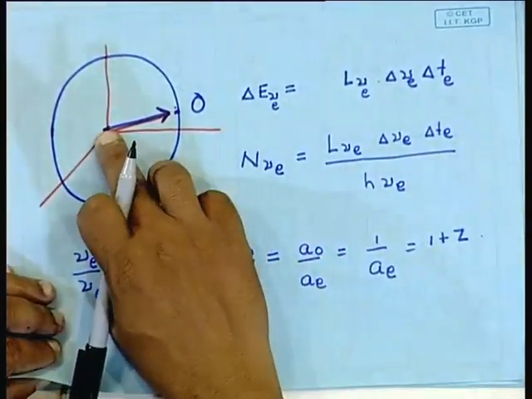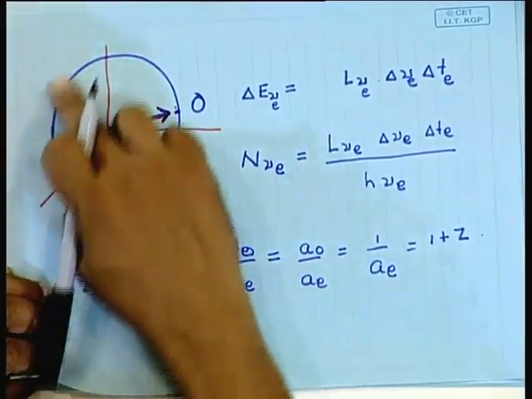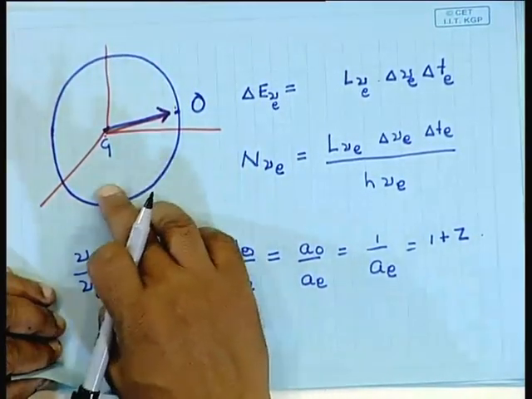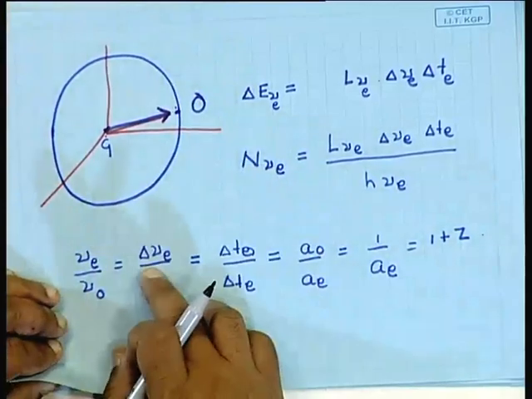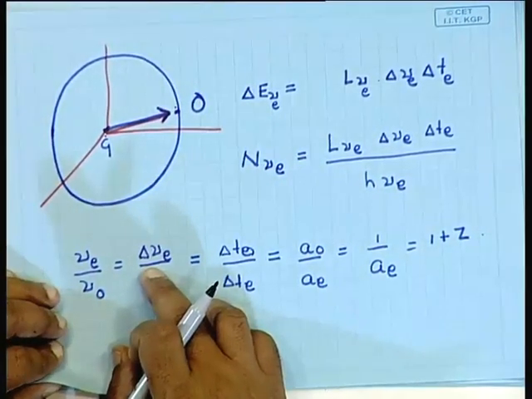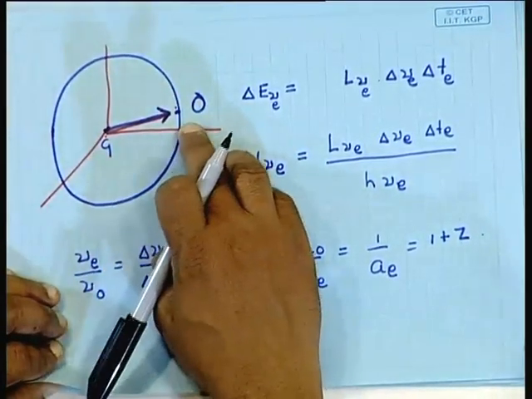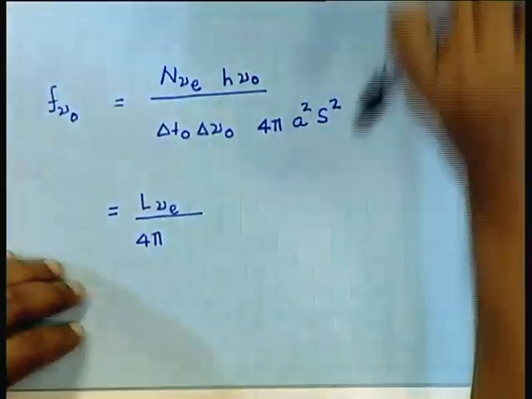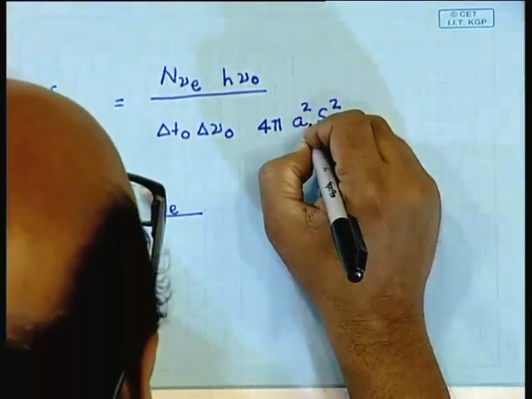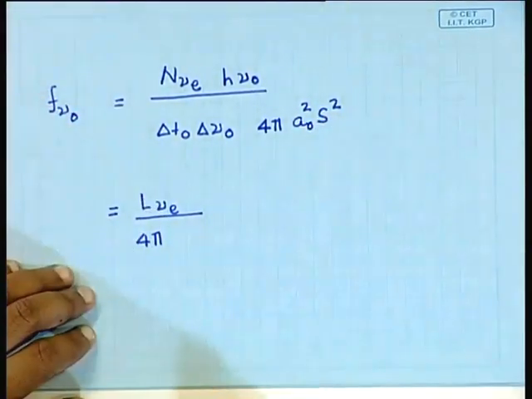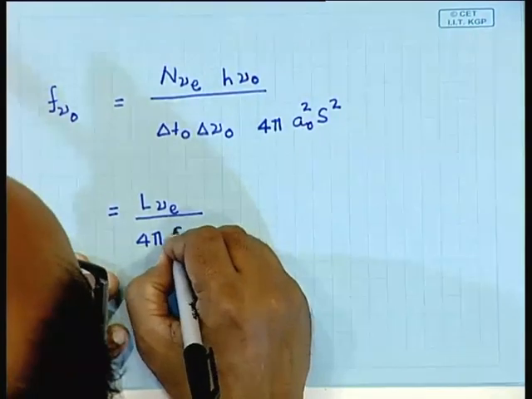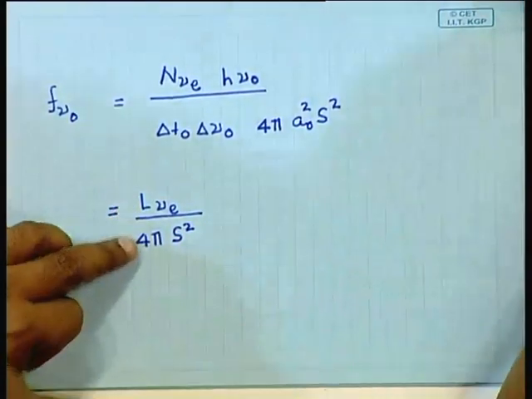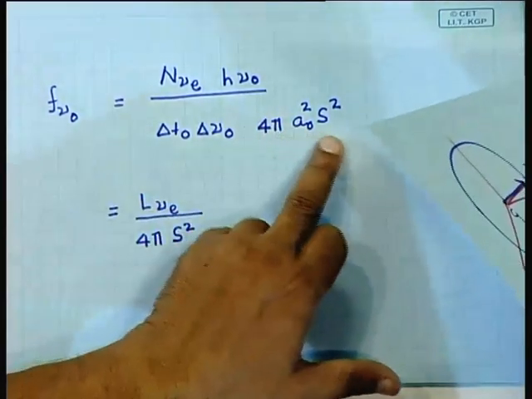The light propagates from here and it is distributed over a sphere whose area is 4 pi a S square, and the value of A is at the epoch when the light reaches here, which is at the present. So, the value of A over here is A0, which has a value 1, right. So, I do not have to bother about it. So, this is going to be 4 pi S square. So, I have put in the luminosity, I have put in the factor of 4 pi S square, this A is 1.